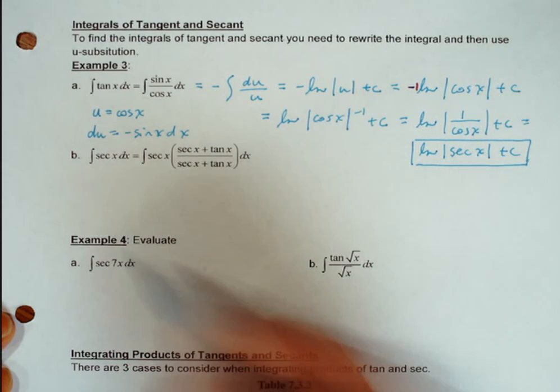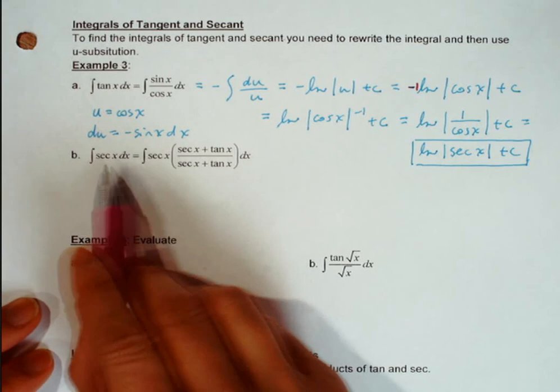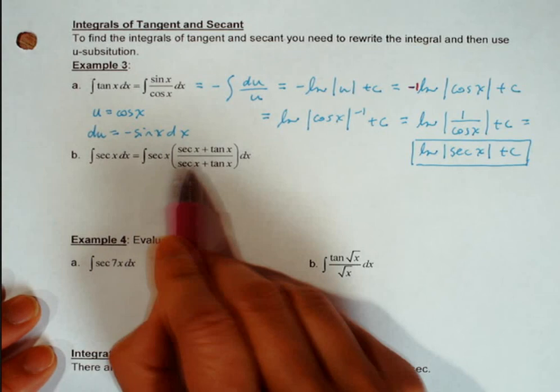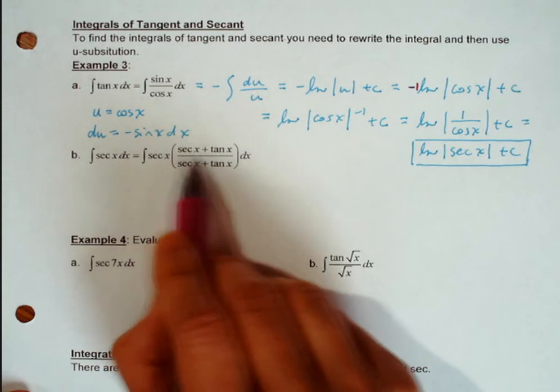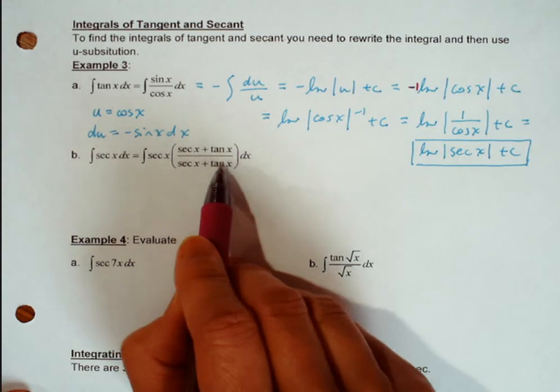Alright, for the next problem, the integral of the secant of x dx, you're going to do a little bit of manipulation with this, and I'm going to multiply it by a clever one, which is secant of x plus tangent of x to both the numerator and the denominator.